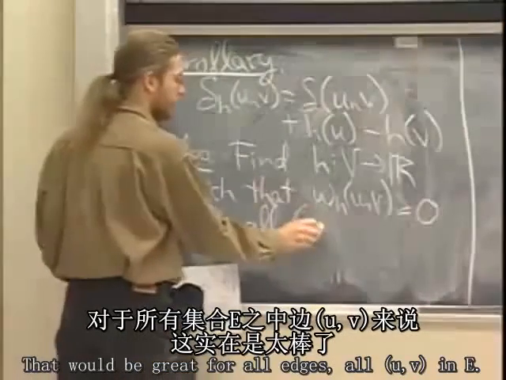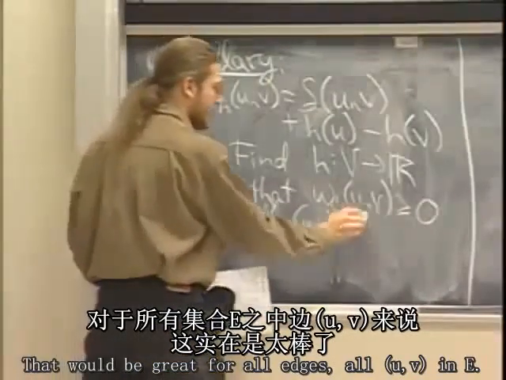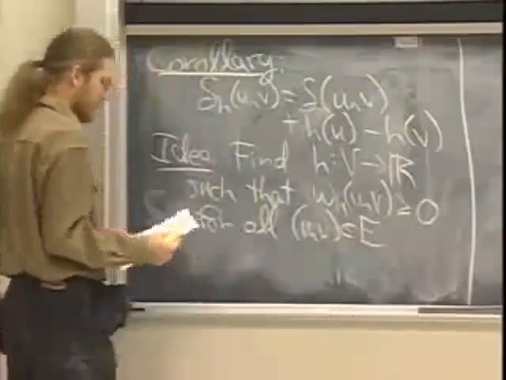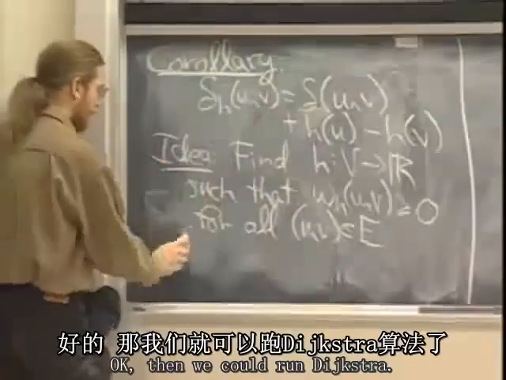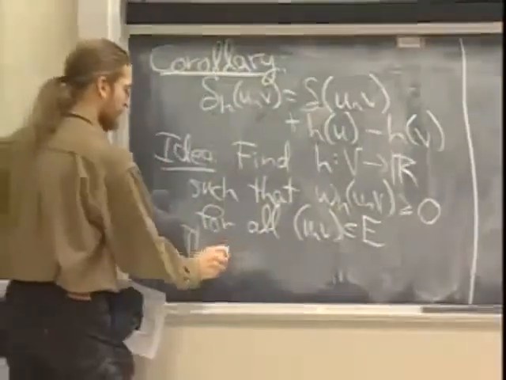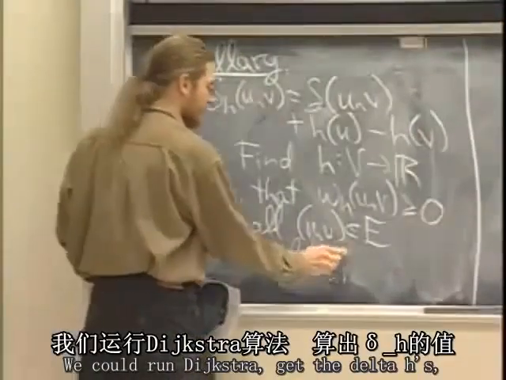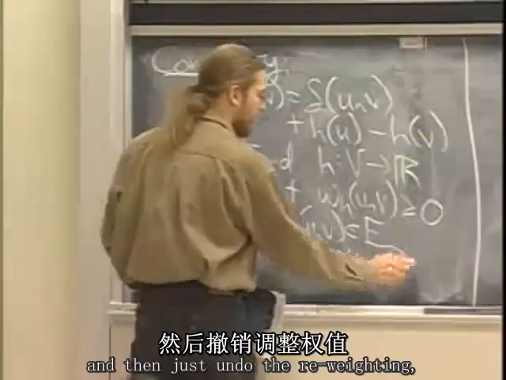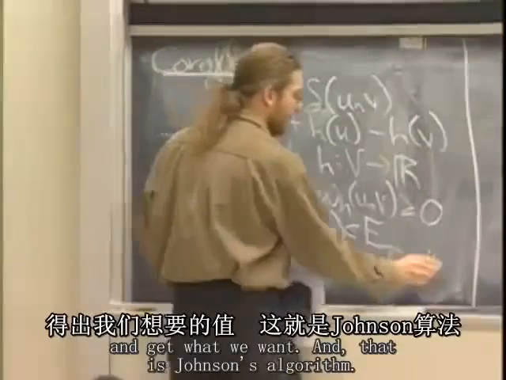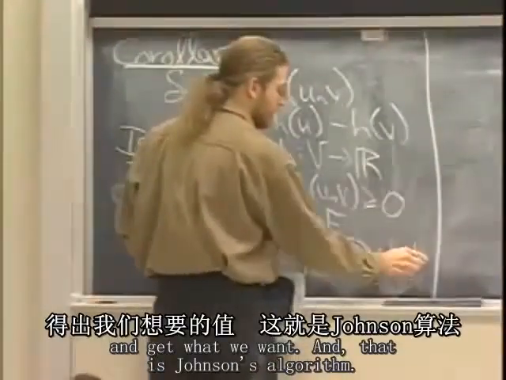Then we could run Dijkstra, get the delta h's, and then just undo the reweighting and get what we want. And that is Johnson's algorithm.